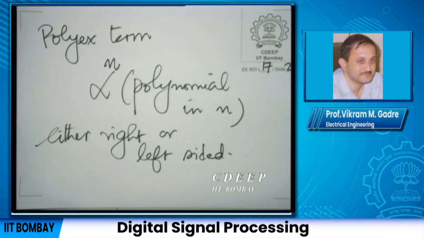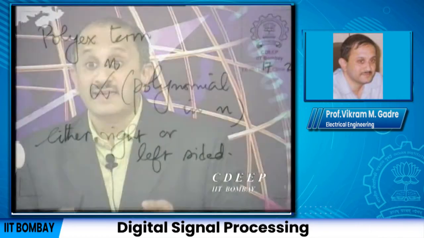But if the exponential grows, so if it is left sided, the exponential will grow if mod alpha is less than 1, and if it is right sided, the exponential will grow if mod alpha is greater than 1. So, divergence means growing exponential.